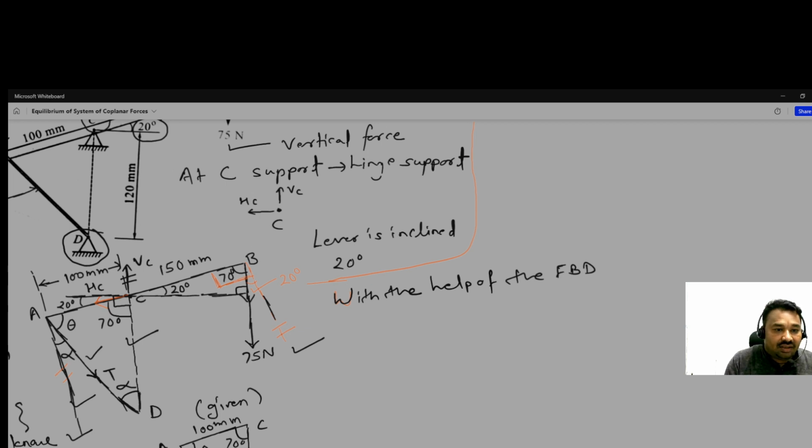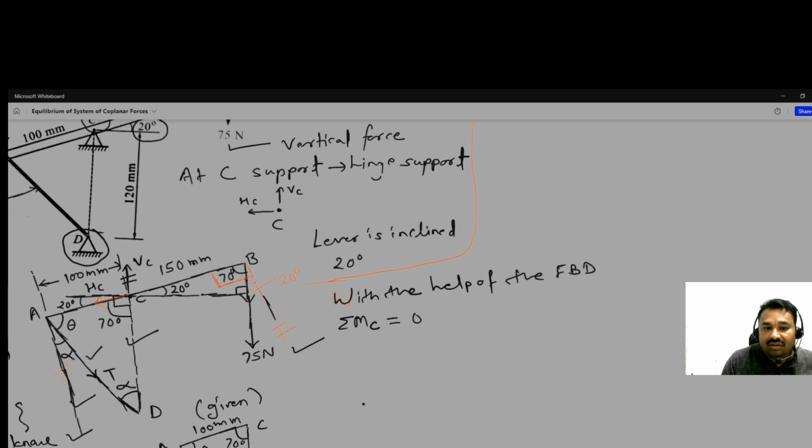So at C, how many forces are acting? Two forces are acting. At A, one is acting. At B, one is acting. So better to take the moment about C. Summation of moment about C is equal to 0. We are taking here. Okay.